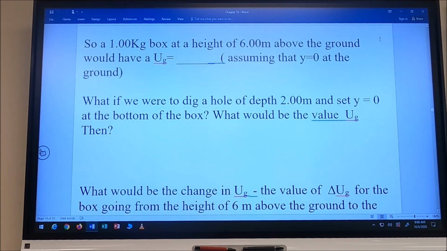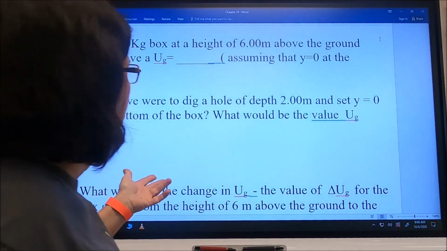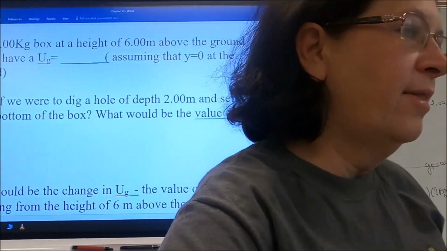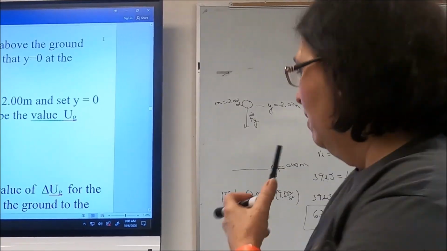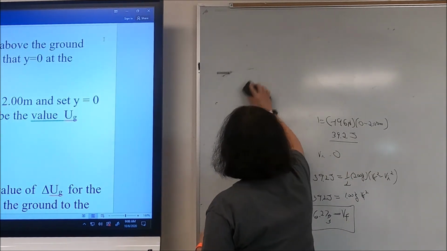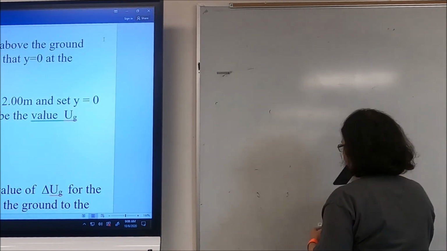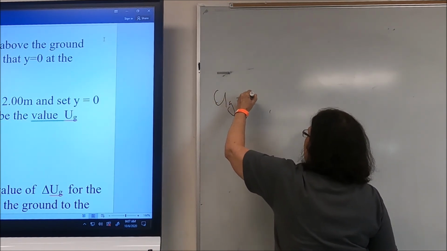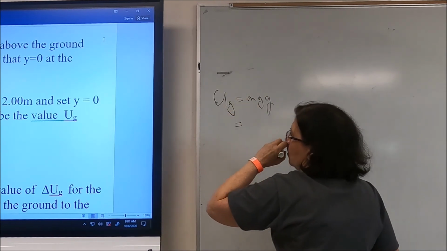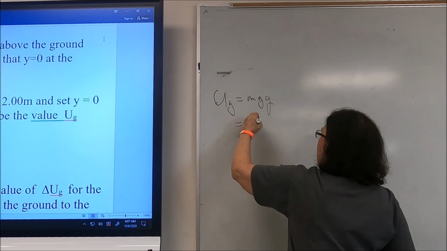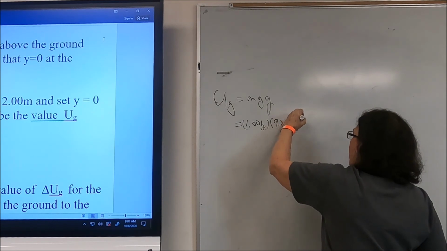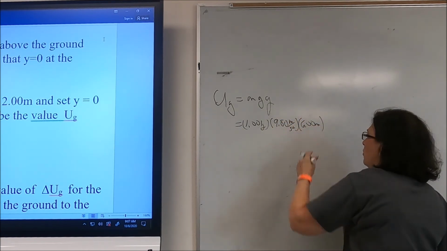Okay, so a 1 kilogram box at a height of 6 meters above the ground would have a gravitational potential energy of what, assuming that y at the ground is 0? Well, U_G equals mgy, so it was a 1 kilogram box, and g is 9.80 meters per second squared, and our height was 6 meters.